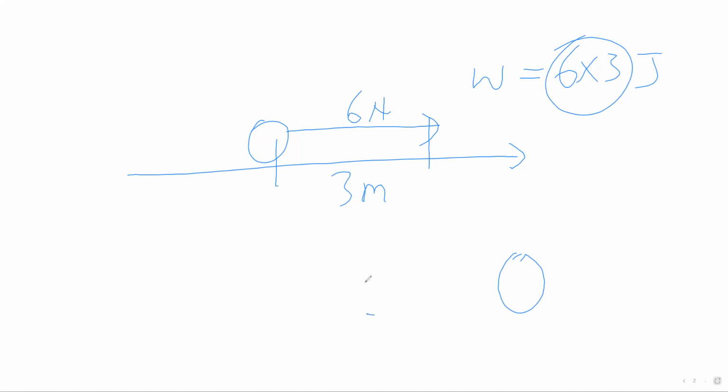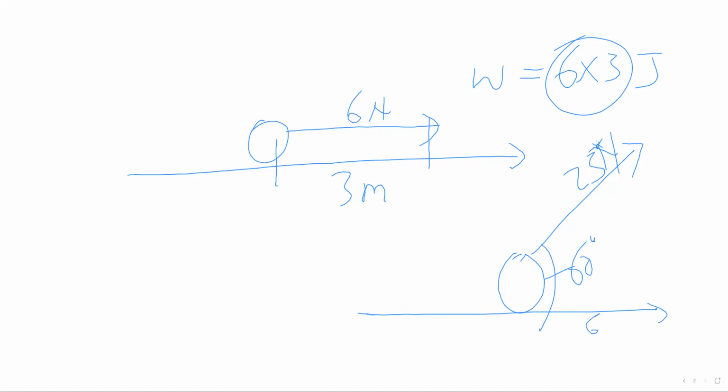If I have an object here and it's moving in that direction, and you say you're actually pulling it at a particular angle, you give me this as 25 newtons. And let's say this angle is 60 degrees. And you tell me that it has moved, let's say 6 meters in that direction.